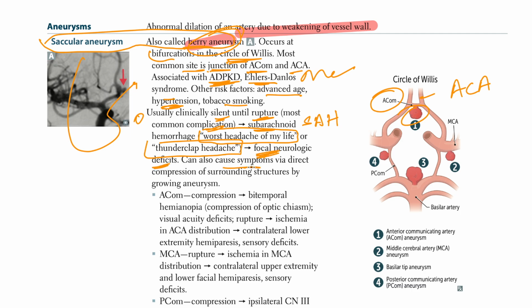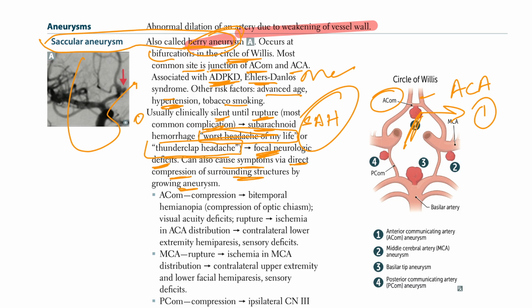They can cause symptoms via direct compression of the surrounding structures by the growing aneurysm. So if an aneurysm were to grow, it's going to compress some structures nearby that can cause a problem. That's one thing. The other thing, the most common complication, is when they rupture, they lead to subarachnoid hemorrhage, the worst headache of my life or thunderclap headache.